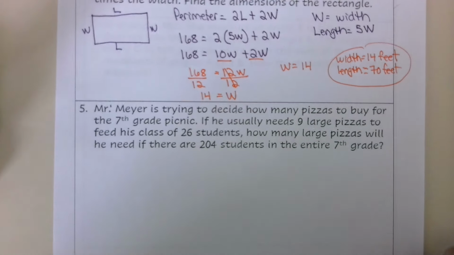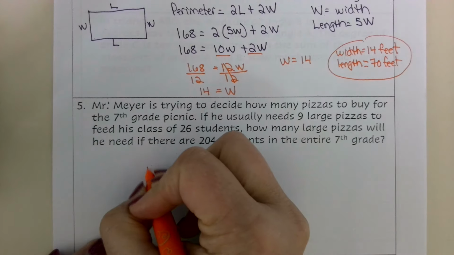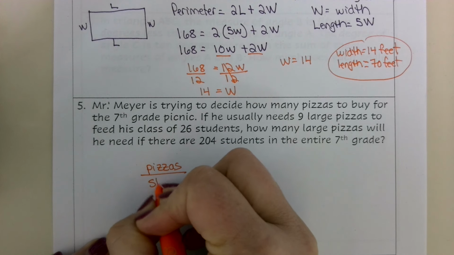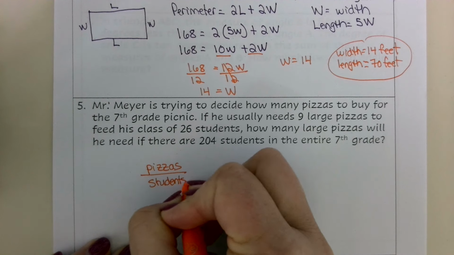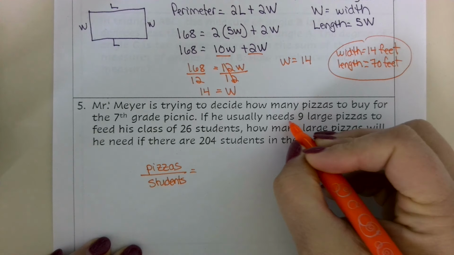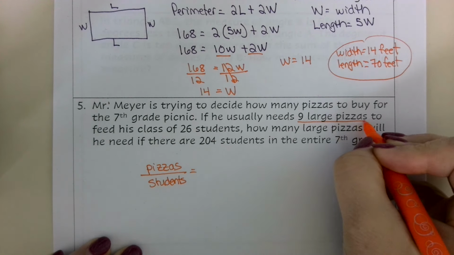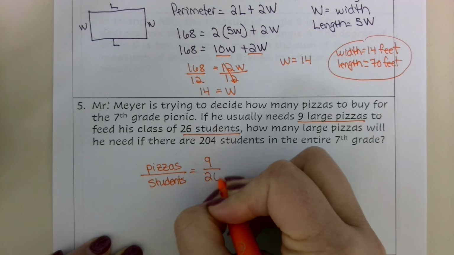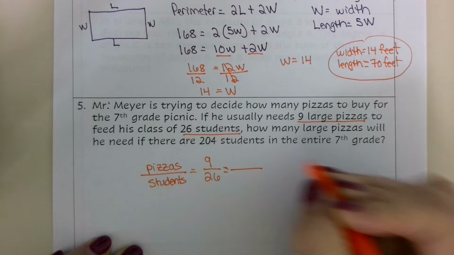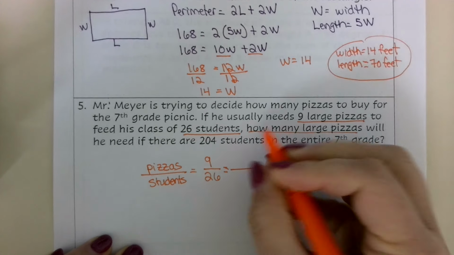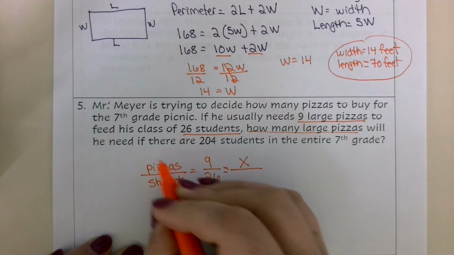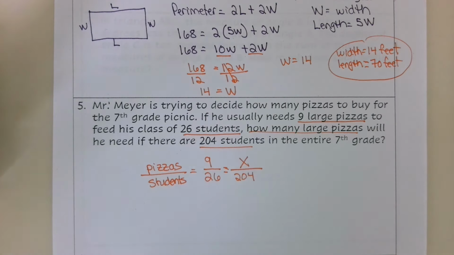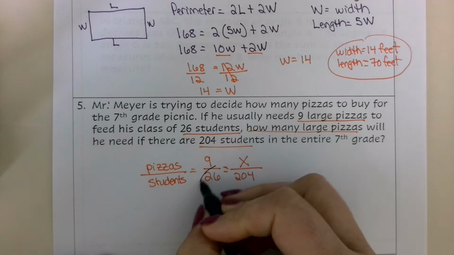So let's set up a proportion. I like the proportion pizzas to students. So I know that he needs 9 pizzas for 26 students. And how many pizzas, X, will he need for 204 students? This is a cross-multiplying situation.